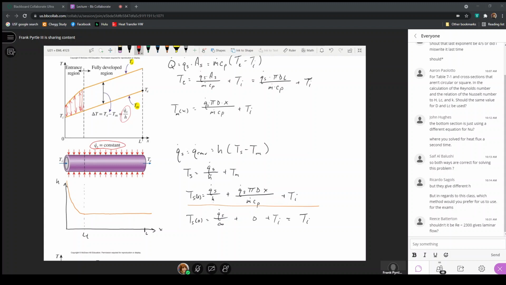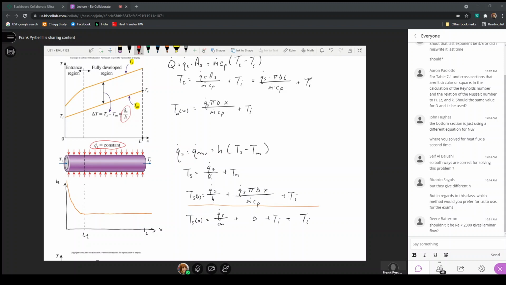So when we're considering an expression for the temperature variation in the fluid, when we have a constant heat flux, the temperature of the fluid, T sub m, is going to change linearly, because we're just constantly dumping heat into the fluid, changing its temperature.